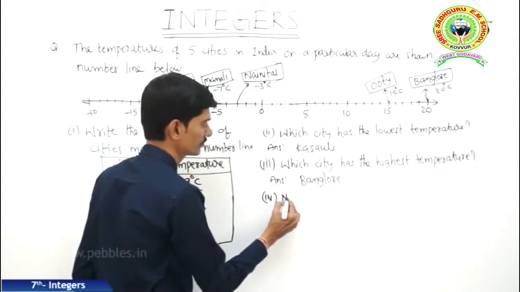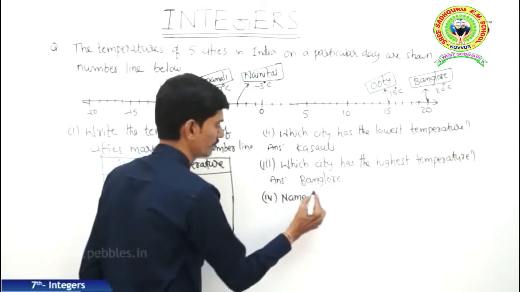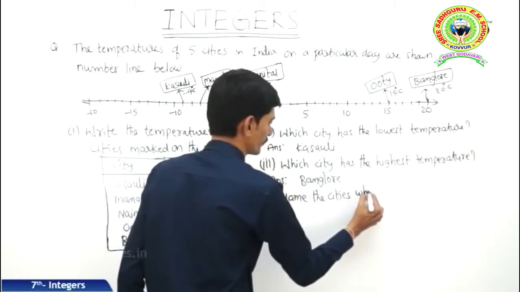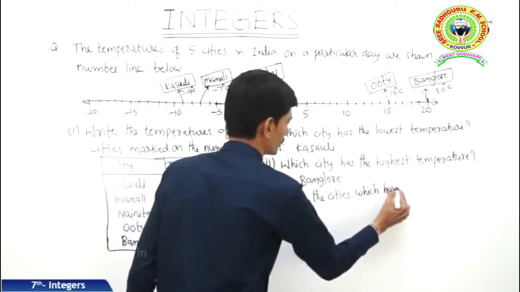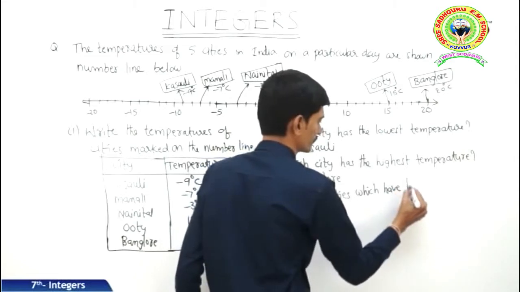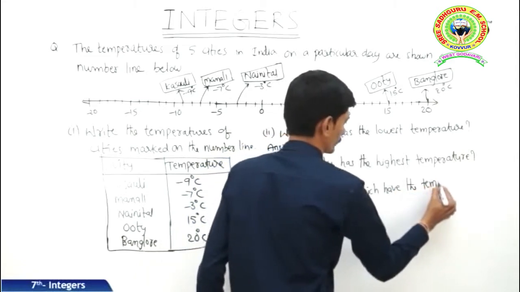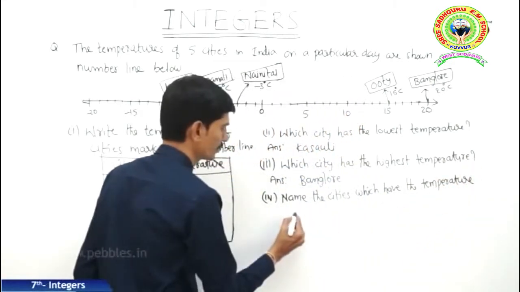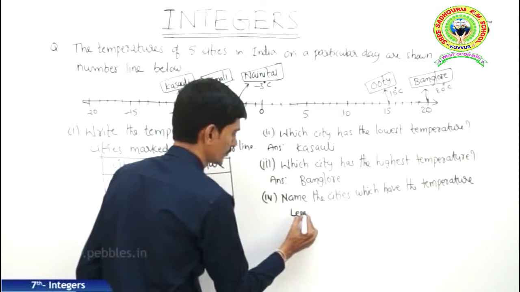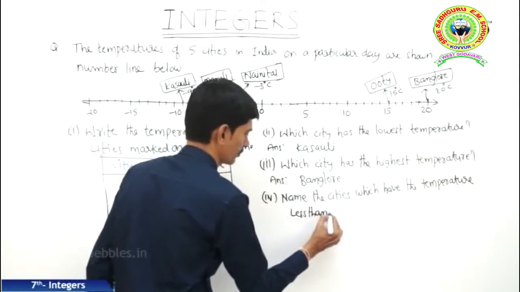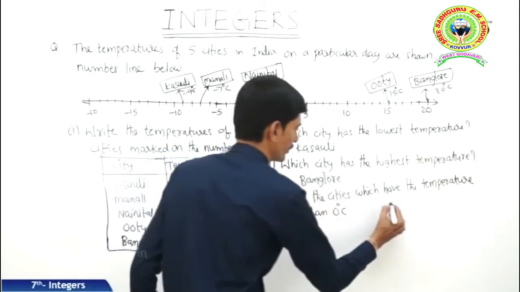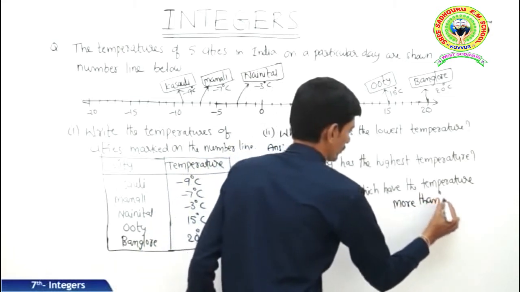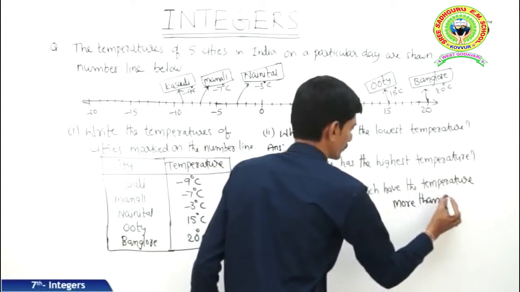Next question: name the cities which have the temperature less than 0 degrees centigrade and more than 0 degrees centigrade.